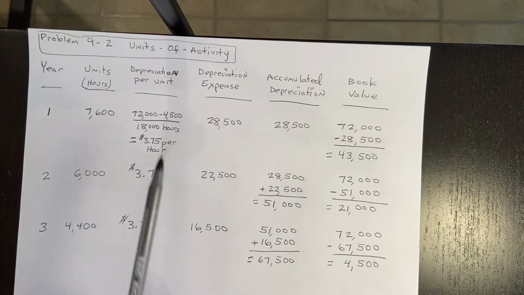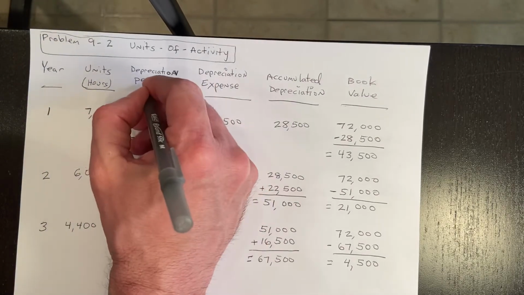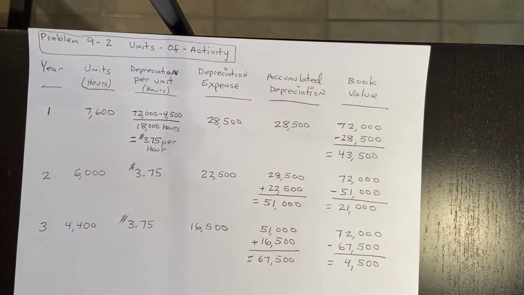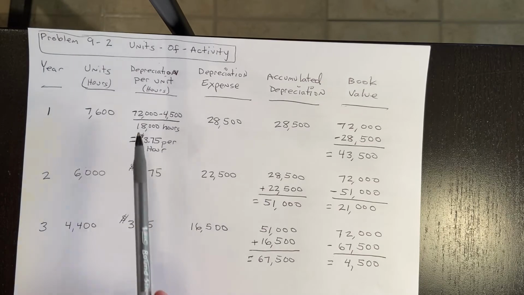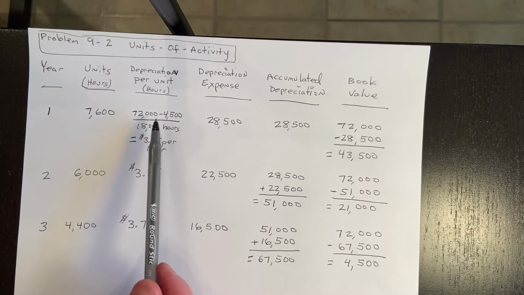What I did here is figure out the depreciation based on units, or hours. How I did that is I took the cost, backed out the residual value, which comes out to 67,500, just like in the other problem. That's going to be the depreciable cost.